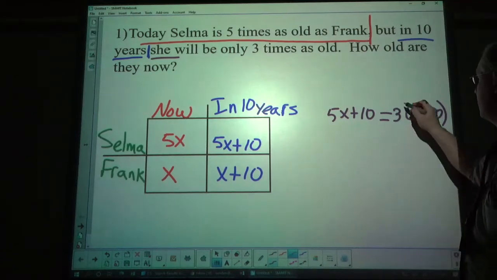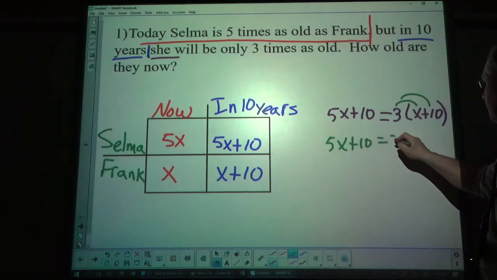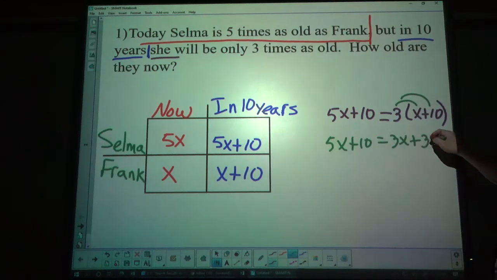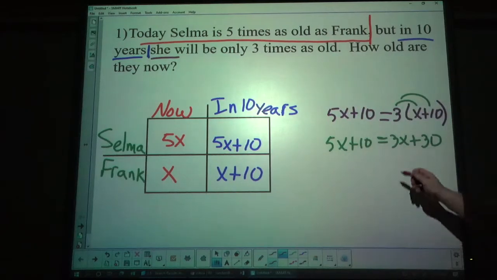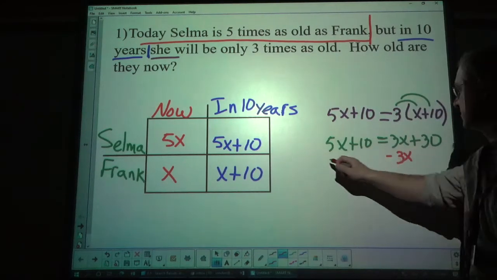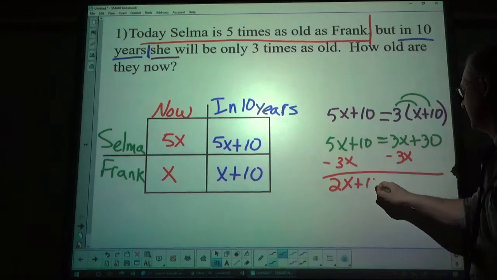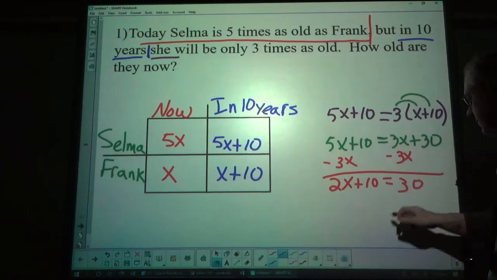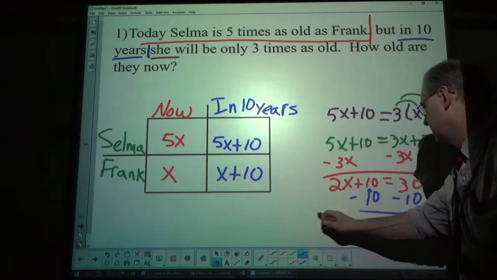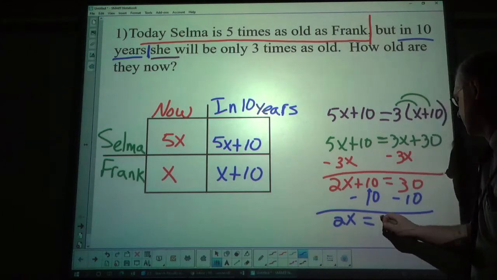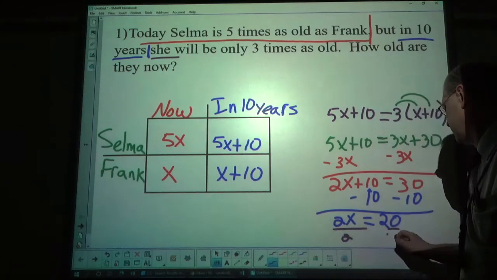We're going to distribute to solve. We're going to continue to solve by subtracting 3x from both sides. 2x plus 10 equals 30. Subtract 10 from both sides. 2x equals 20. And finally, divide both sides by 2.